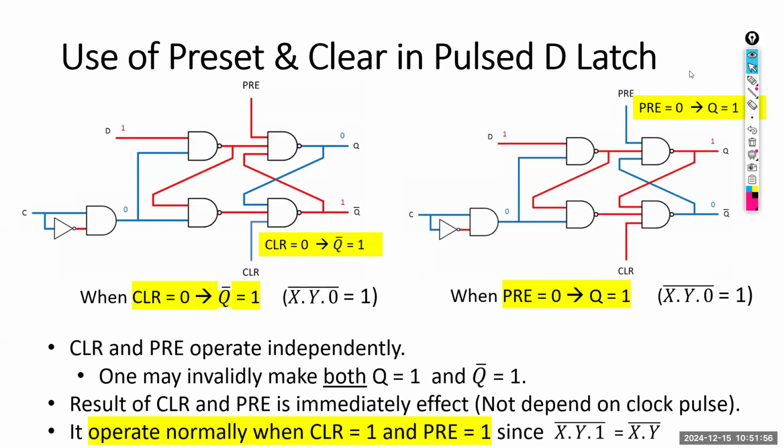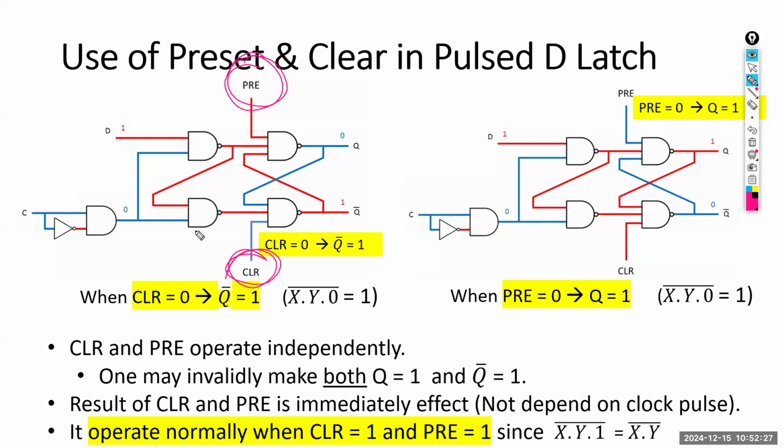Now I have explained how to generate falling edge pulses and rising edge pulses, and the possibility of rising edge triggering and falling edge triggering, or positive edge triggering and negative edge triggering. Now there is an additional concept: your latches and flip-flops can have two additional inputs called preset and clear.